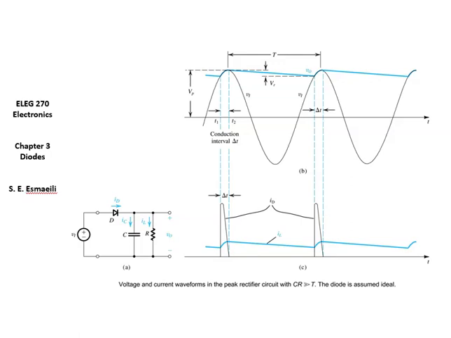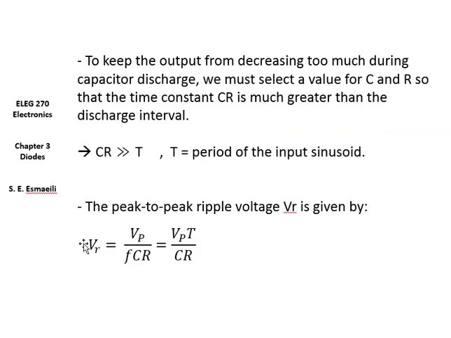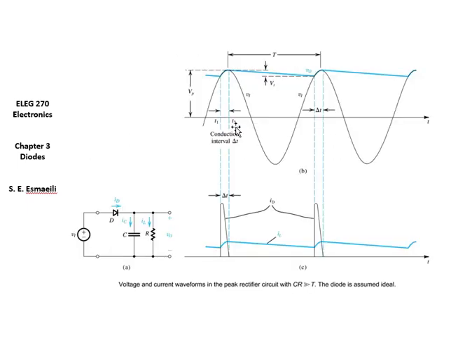So what should I do? Look, the combination of that R and C is creating a kind of filter for us, right? To keep the output from decreasing too much during capacitor discharge, we must select the values for C and R so that the time constant RC is much greater than the discharge interval, because there's actually time involved here.